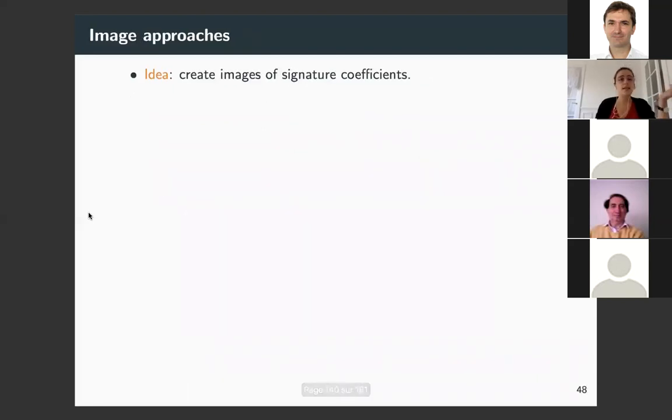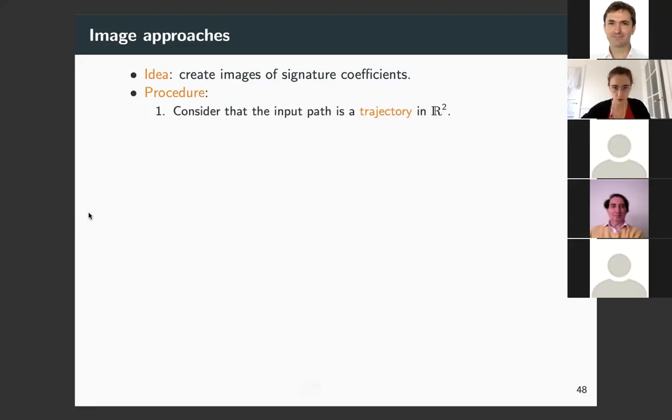The last idea only works when you have paths in R^2, which is the case of the Quick, Draw data, but not, for example, of the medical time series that I showed, because d was much larger. In this case, some people have played with signatures and created pictures of signature coefficients.